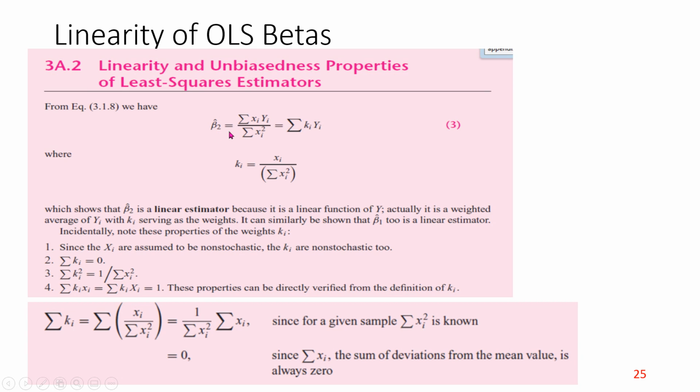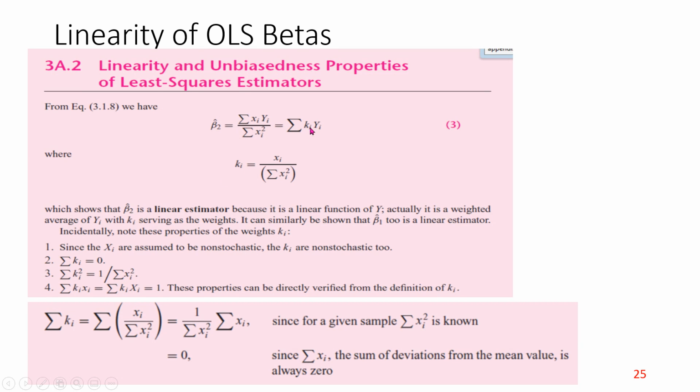So we have just derived this form of the formula of beta 2 hat, which is sum of xi capital Yi over sum of xi square. So if I call this part, xi over sum of xi square, as ki, let's call these some weights, then I can write beta 2 hat is equal to sum of ki times yi.